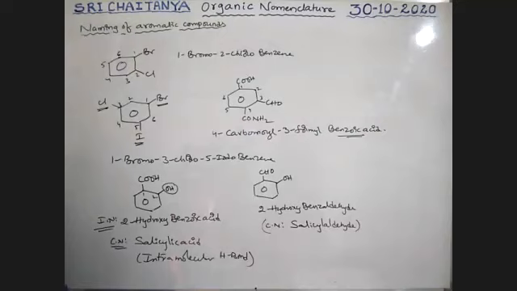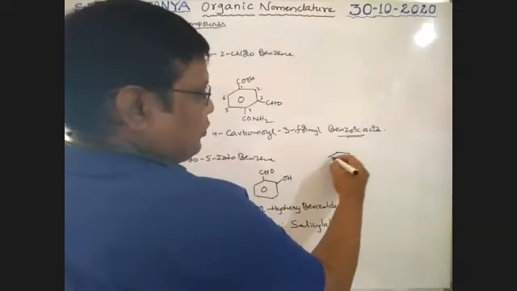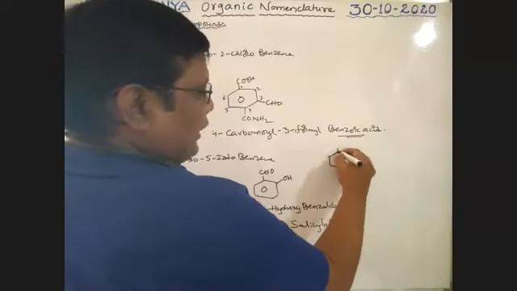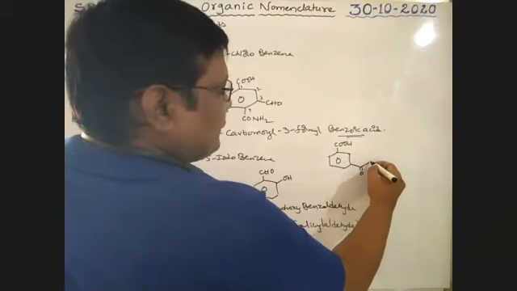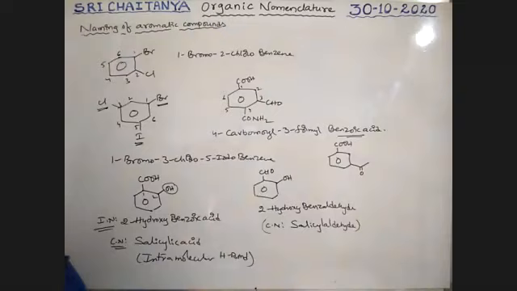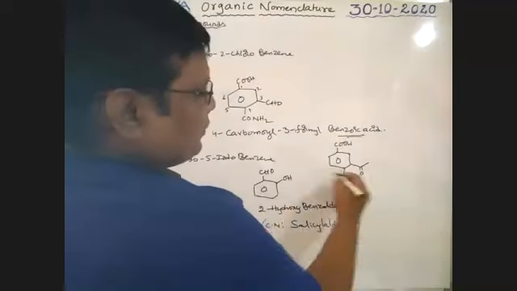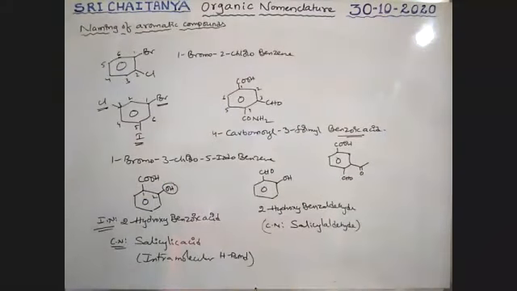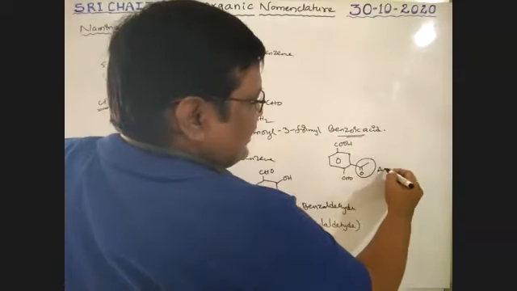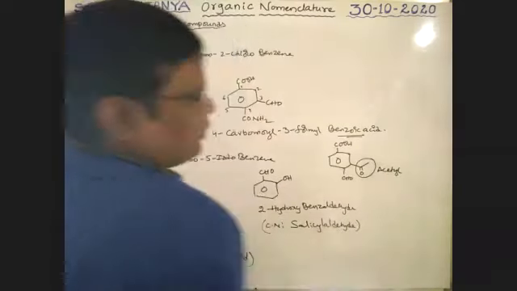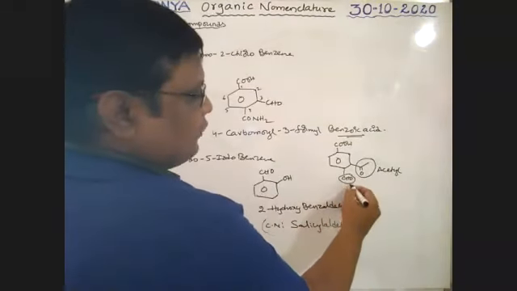Okay. Next, when benzene is connected with COOH and COCH3 and CHO. See, boys, this is CH3CO, which is called acetyl. It is a formyl.